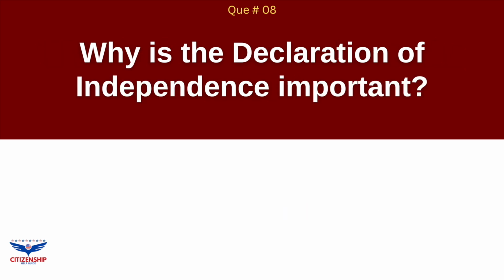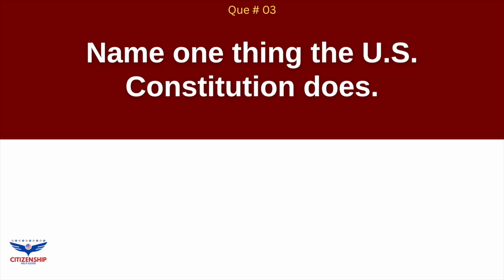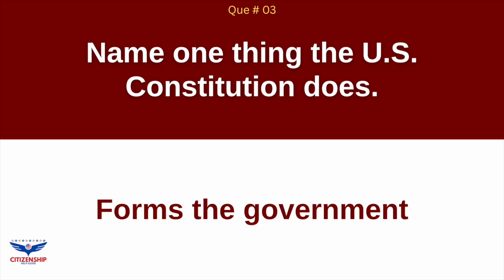Why is the Declaration of Independence important? It says America is free from British control. Name one thing the U.S. Constitution does. Forms the government.